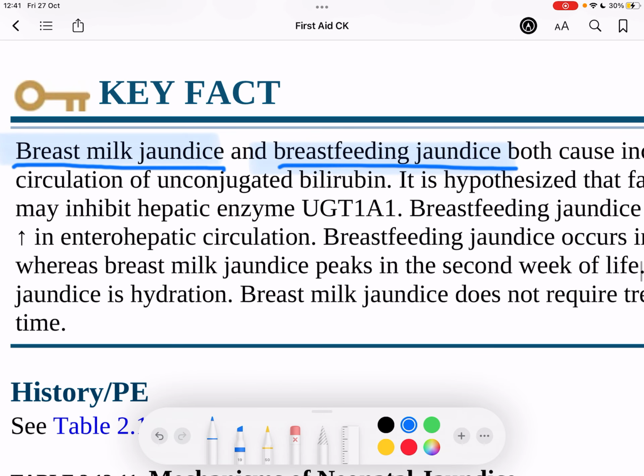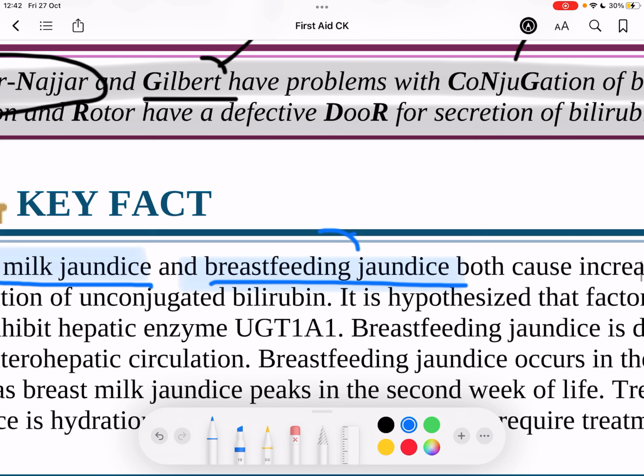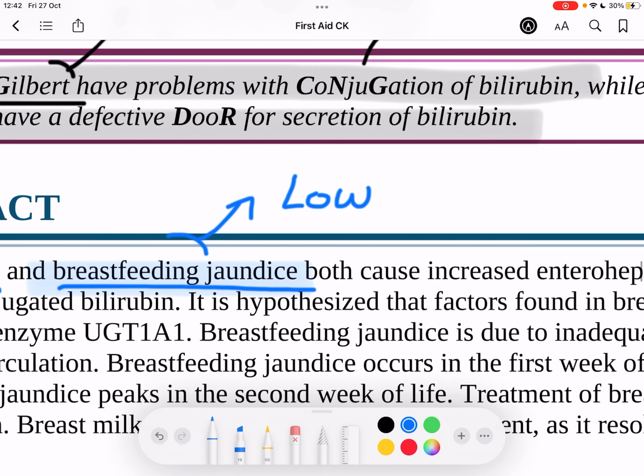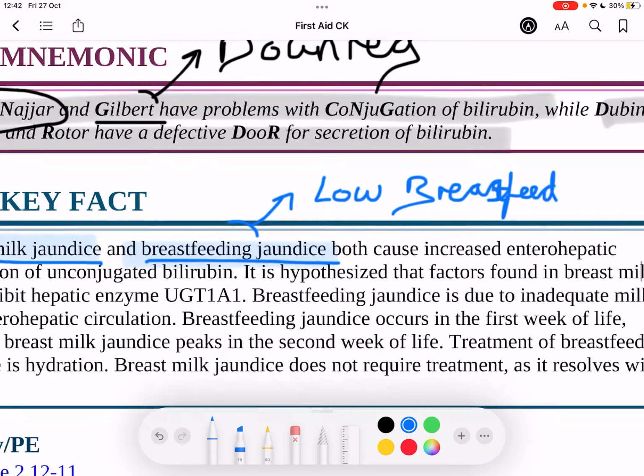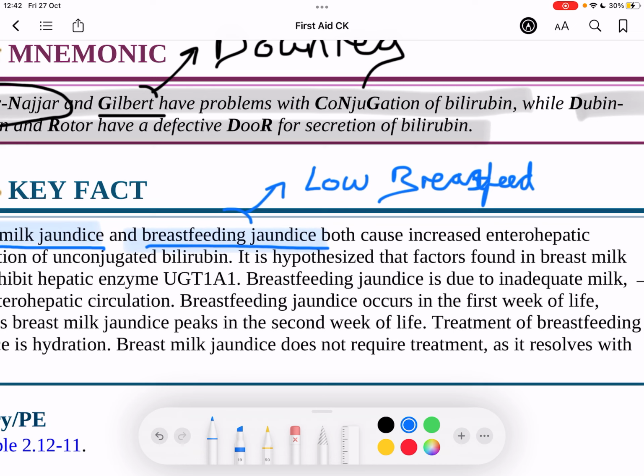Breastfeeding jaundice, on the other hand, is seen usually in the first week of breastfeeding. And it's actually due to low breastfeeding, okay? It's due to women who do not breastfeed enough. Essentially, breastfeeding helps decrease bilirubin absorption in the neonate's intestines.